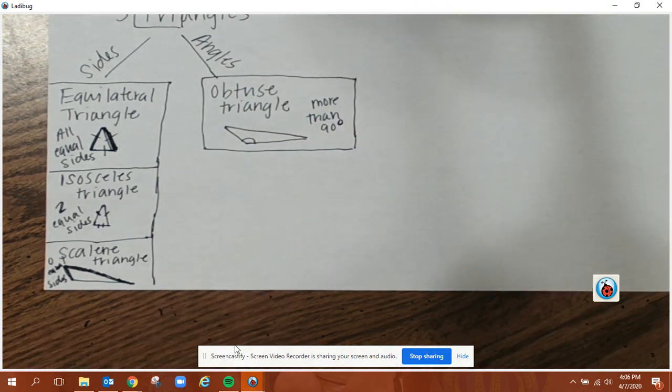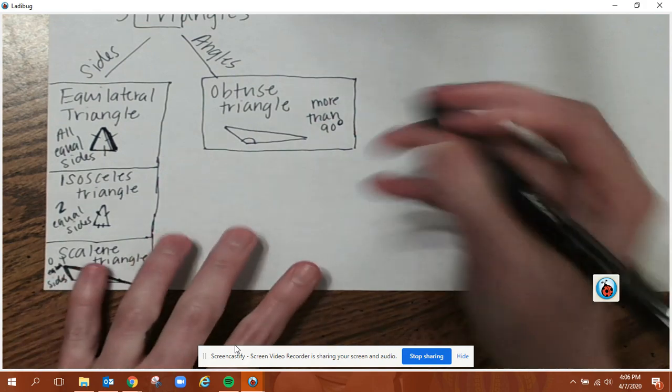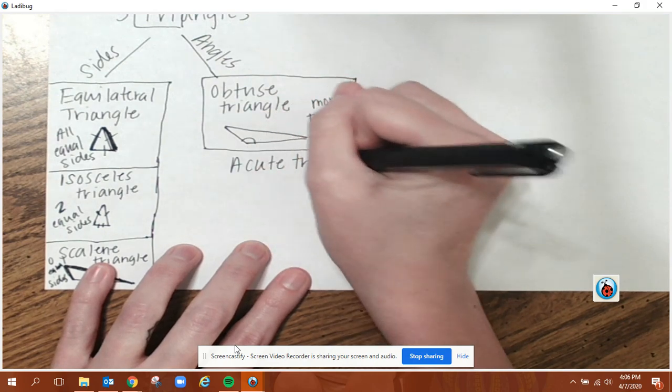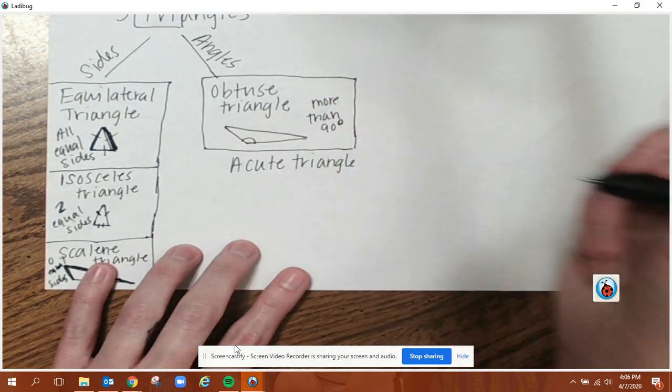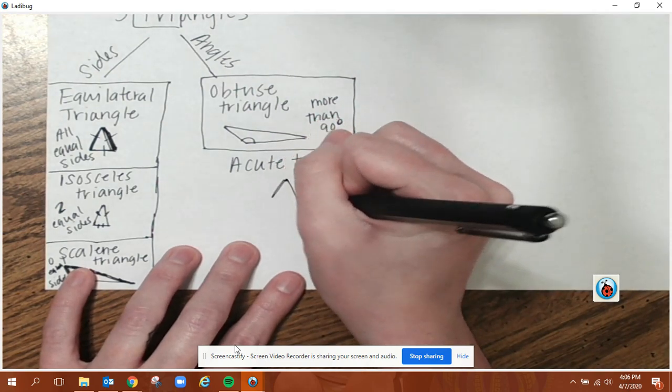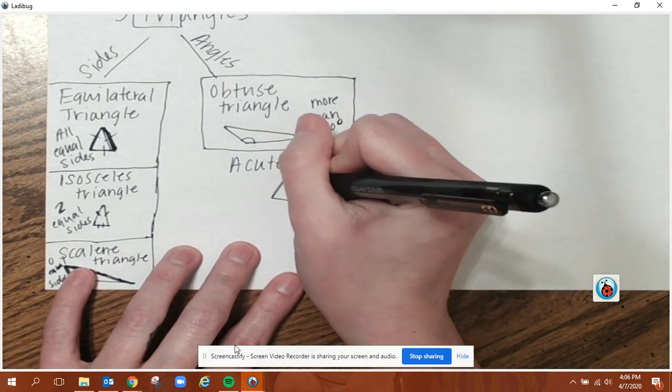Alright, so our second triangle we can talk about when talking about angles is an acute triangle. And an acute triangle has less than 90-degree angles.